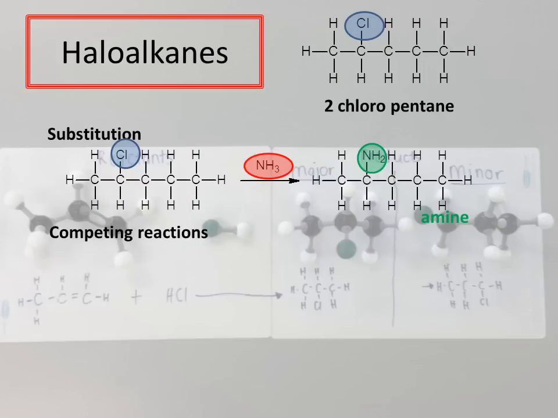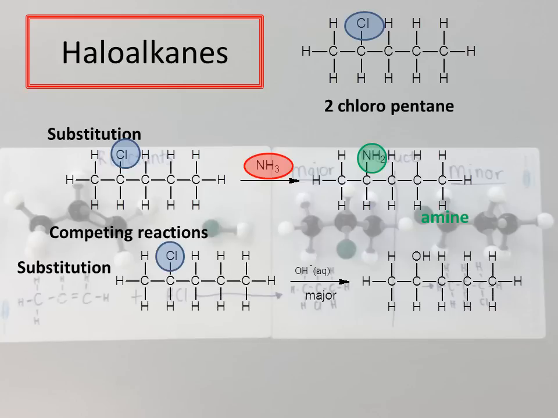Okay, so next, now we have another substitution reaction, but there's another type of reaction that happens here. It's called a competing reaction. When I add hydroxide, and lots of times it's going to be sodium hydroxide or potassium hydroxide, that's what's going to be written down in the question.